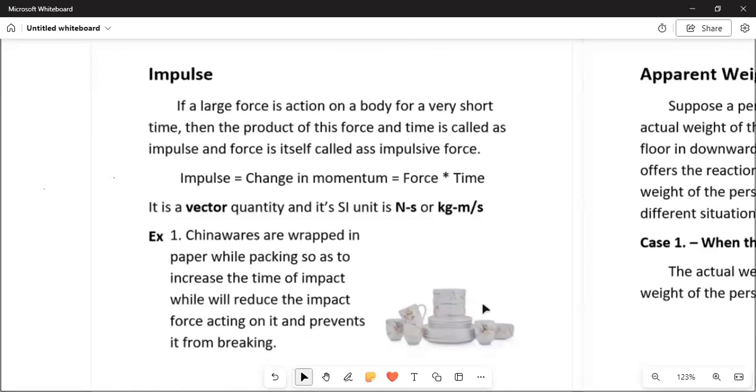Now we'll discuss one concept, that is impulse. Now see, what is impulse?